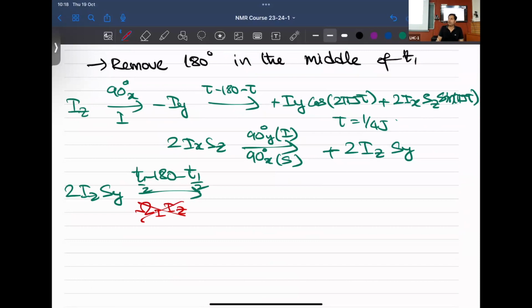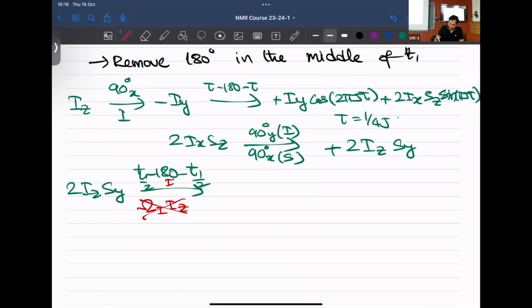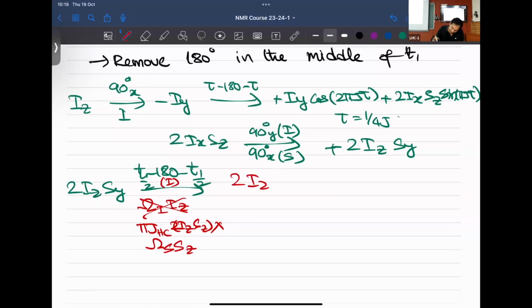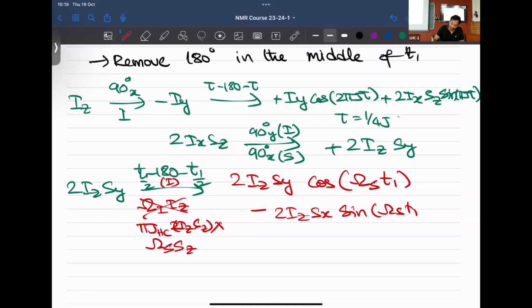And we know for a fact that if you apply 180 only on the proton channel and not on the carbon channel, even the pi J HC IZ SZ term will also not evolve. So the only term that is going to evolve is carbon chemical shift. So what are we going to end up getting? 2IZ SY cos omega S t1, because I wrote S here, minus 2IZ SX sine omega S t1.